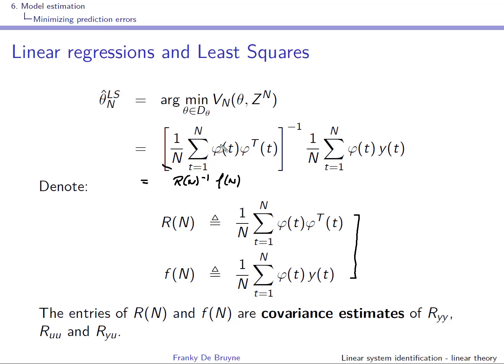So checking the rank of this matrix might be a test to see if you have not over-parameterized your model structure. So this matrix over here is really constructed from covariance estimates, so cross correlations of y with past y's, with past u's, and so on.